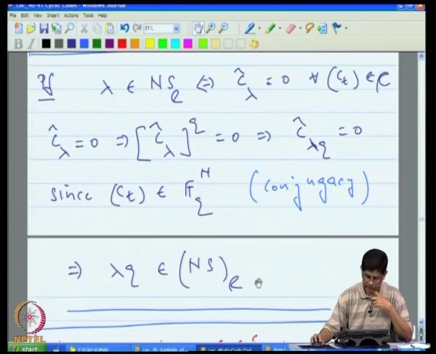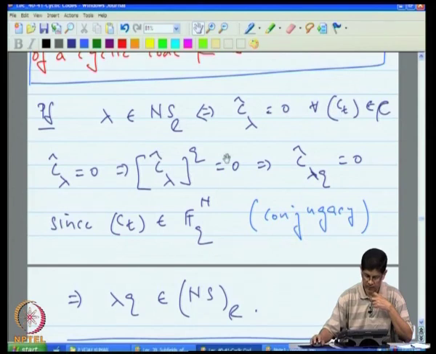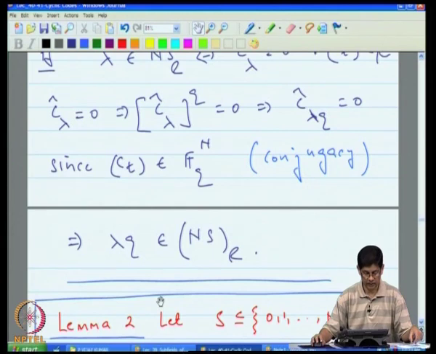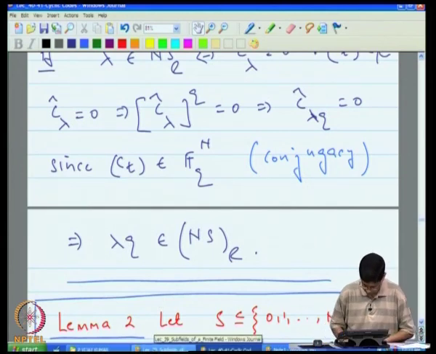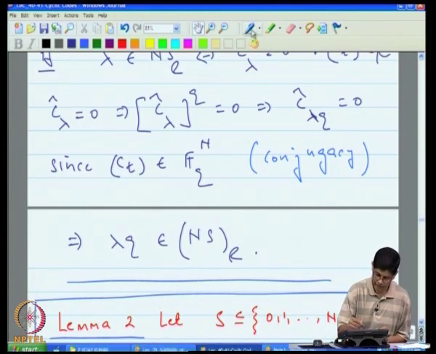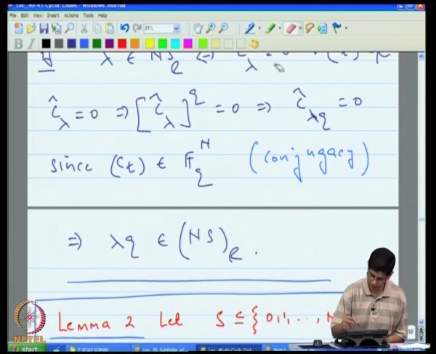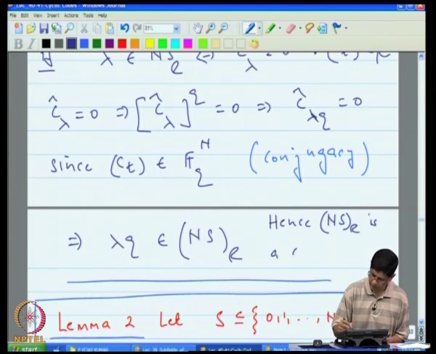But then this means that if lambda belongs to the null spectrum, so does lambda q, and hence the null spectrum of the code is a closed set.